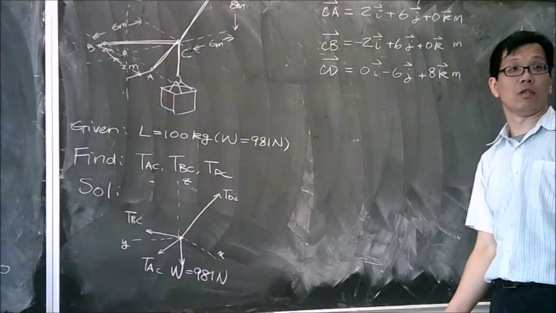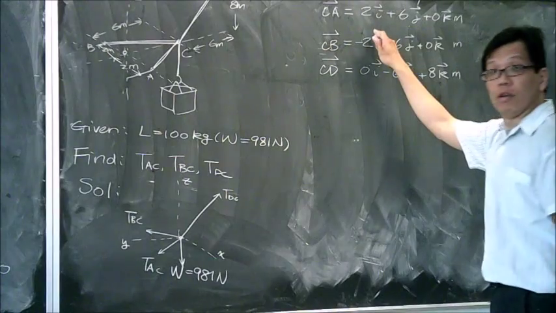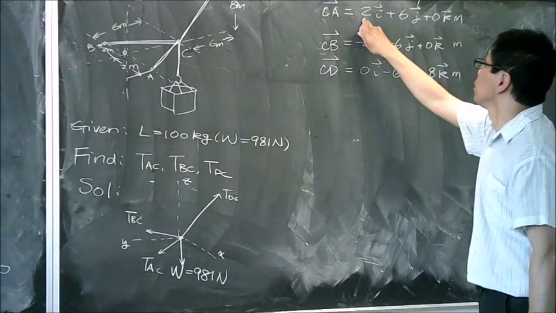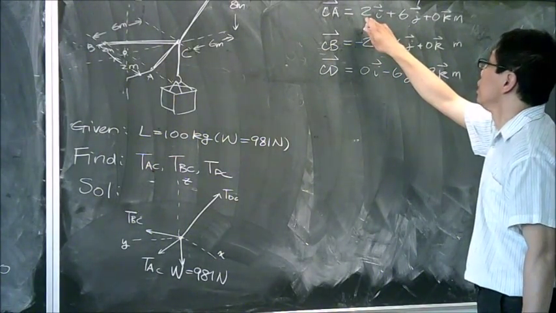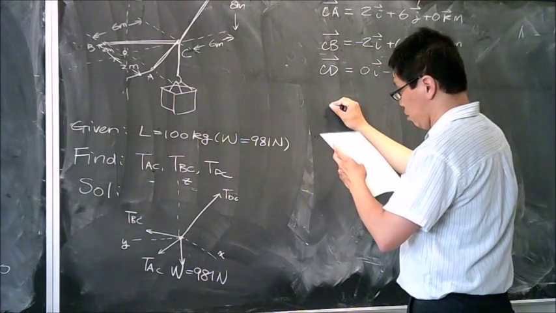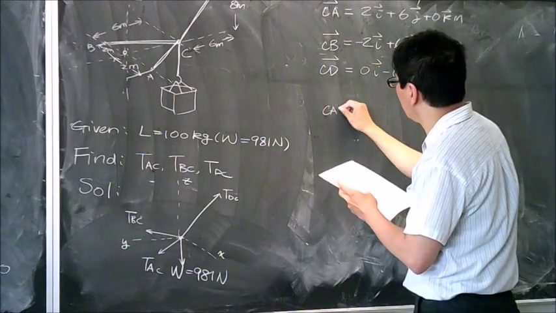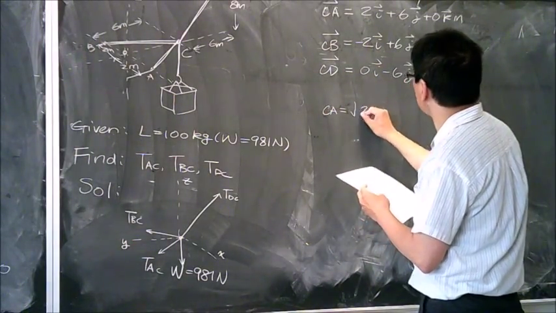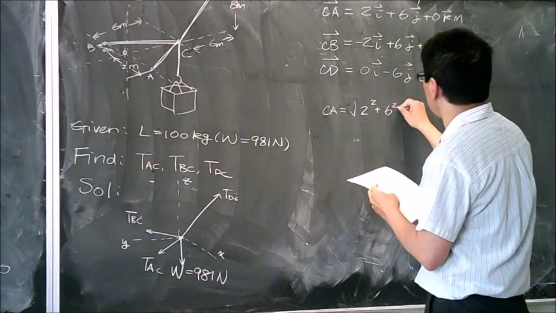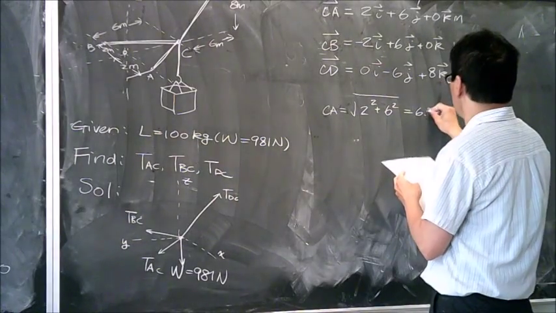What is the next thing we need to do? Length. To find the length, you just take the square root of the summation of squares of this value, this value, and this value. Then you get it. So CA equals square root of 2 squared plus 6 squared, that's 6.32.